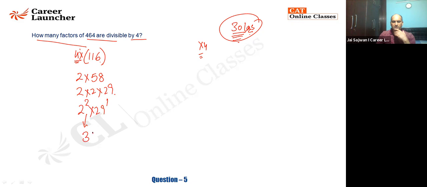How many factors of this are there? 3. How many factors? 2. There are total 6 factors which are also multiples of 4. So there are 6 factors of 464 which are divisible by 4. Ritu Malik, is it clear now? Because others have given the answer 6.